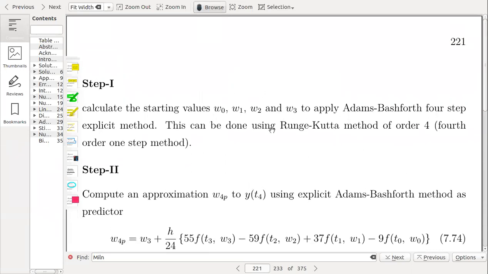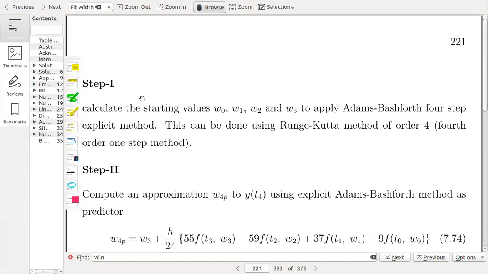To apply the Adams fourth order method, we need four starting values: W0, W1, W2, and W3, for the Adams-Bashforth fourth order explicit method. This can be done using the Runge-Kutta method of order 4, a fourth order one-step method.